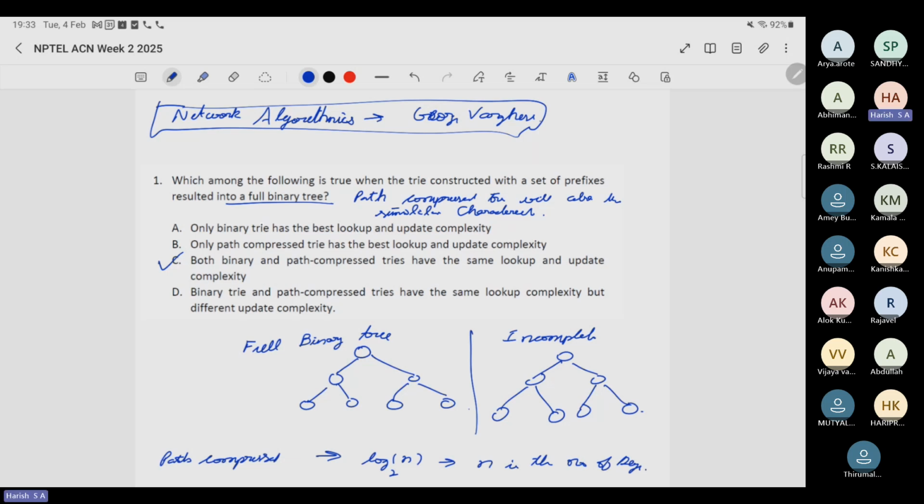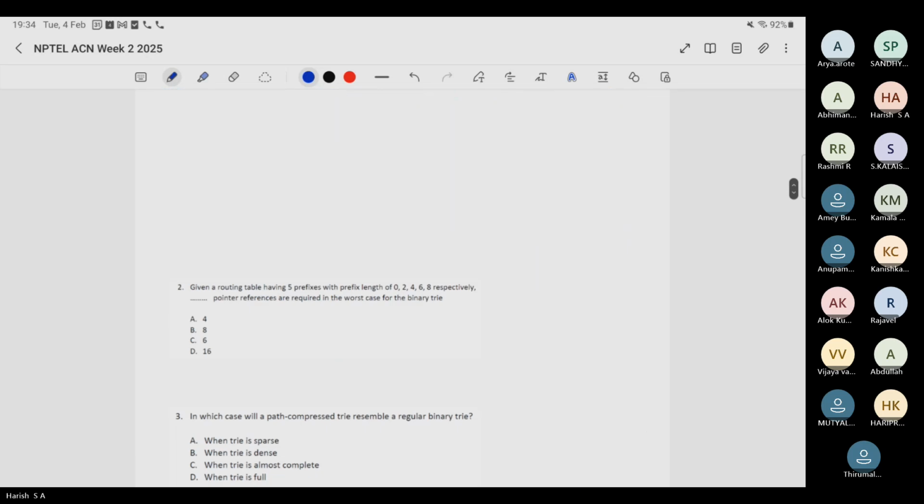If it is a full binary tree, then both path compressed and binary are the same tree. There is no difference. So binary and path compressed will look similar. You can't compress anything there. That's what it means. That's a tricky question, but yeah. So that's the answer to that.